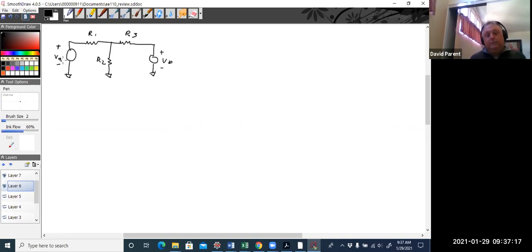Now, the first thing is, what is a node? A node is something that's in between two elements. So here's a battery and here's a resistor. Everywhere along this line is a node.